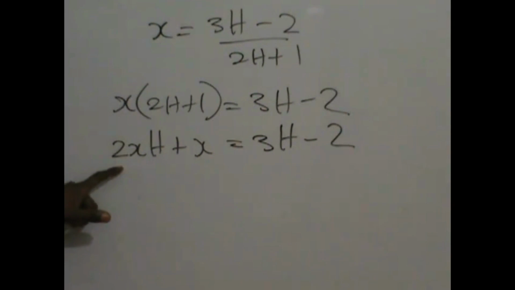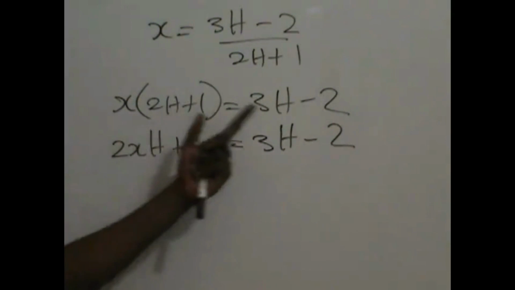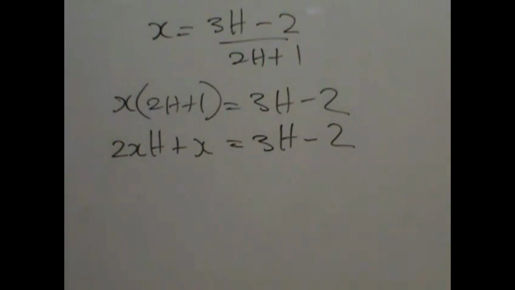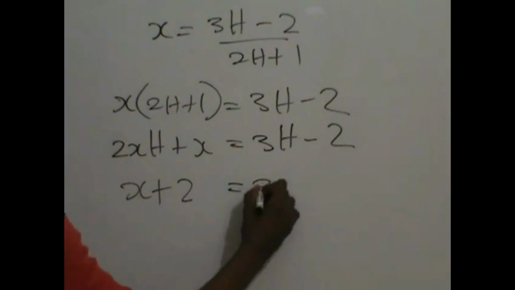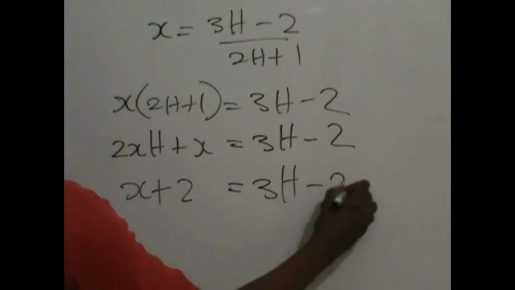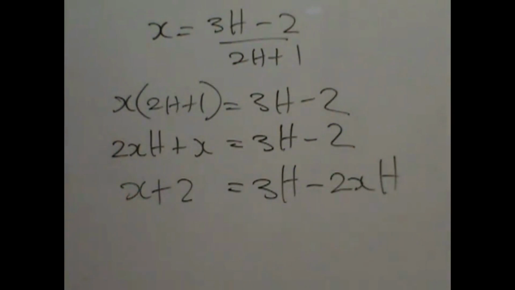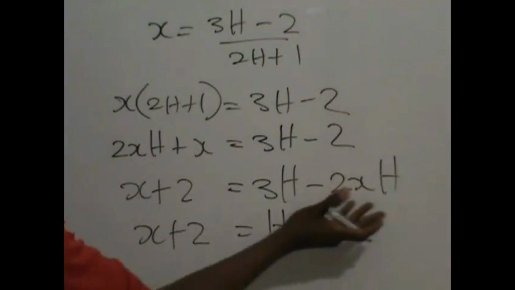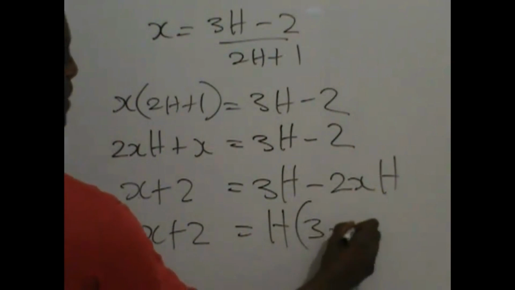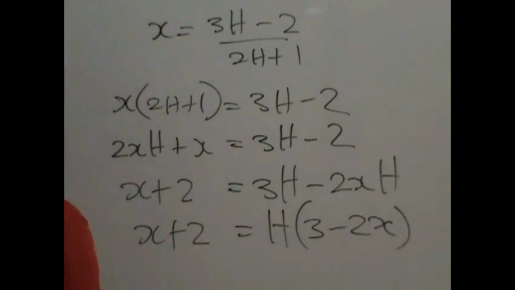And we're going to take 2xH from the left side and carry it across to make it minus 2xH. So what we have on the left side would be x plus 2 being equal to 3 big H minus 2x times big H, which will lead us now to x plus 2 being equal to big H. We're going to factor out the big H now into 3 minus 2x.